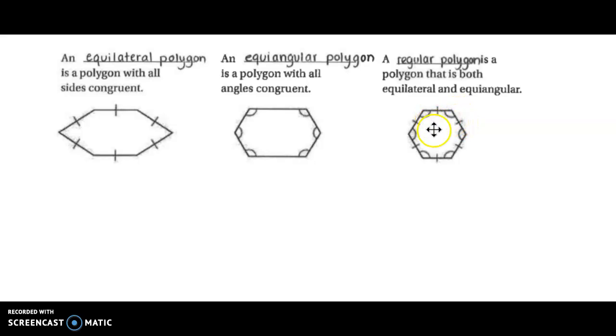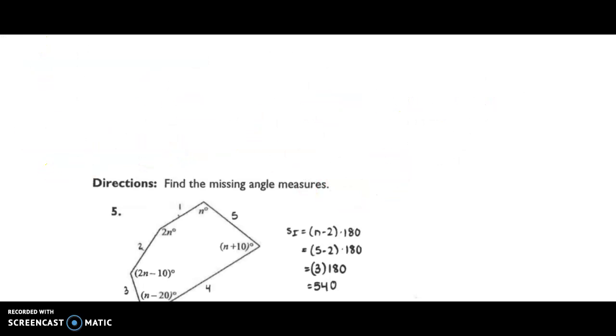They're equiangular. Probably the most basic one that you know is a square. A square is a regular polygon because all the sides are congruent and it's equiangular because all of the angles are 90 degrees.